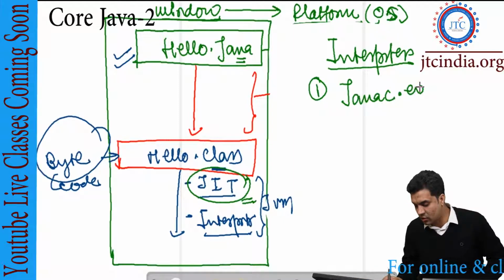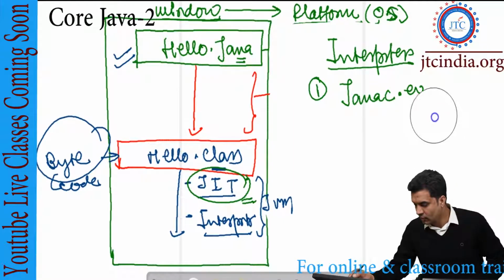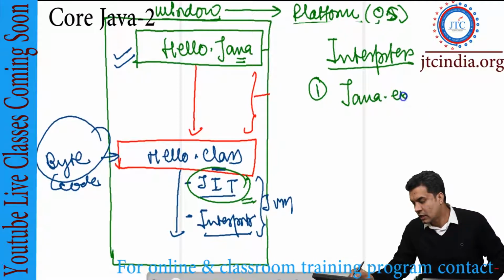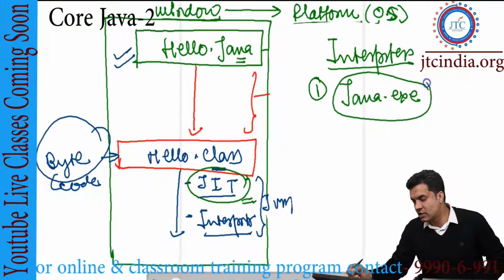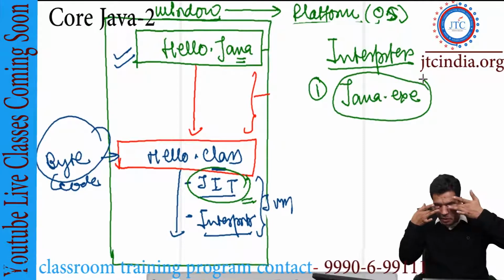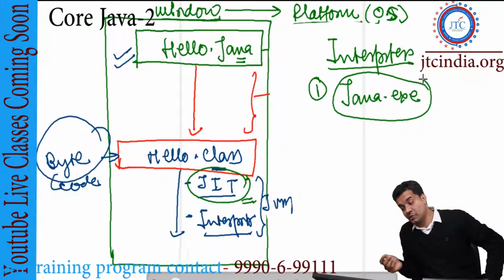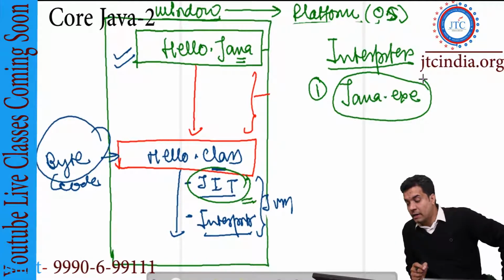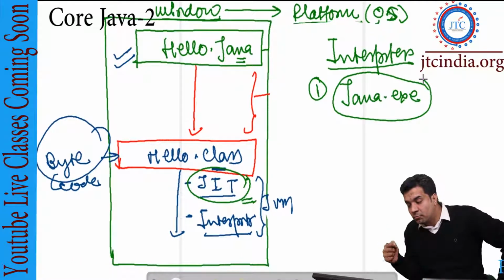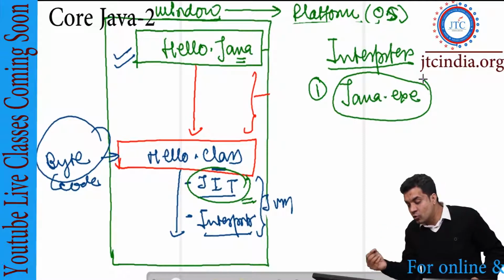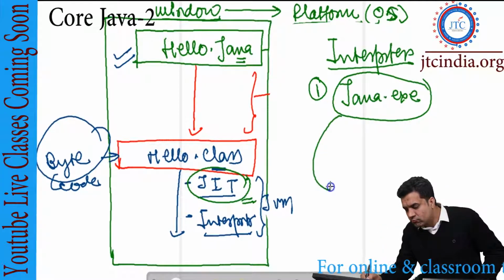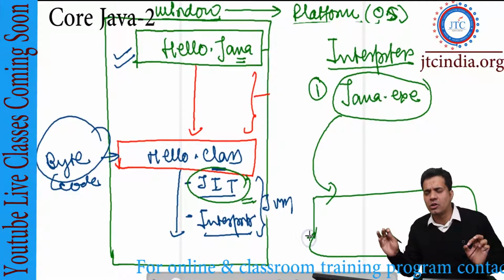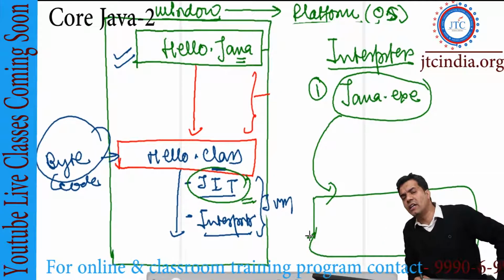Sorry, not javac dot exe, it's java.exe. That is the name of this interpreter. This interpreter converts your byte code to the native code line by line, and the conversion takes a lot of time compared to the JIT compiler.